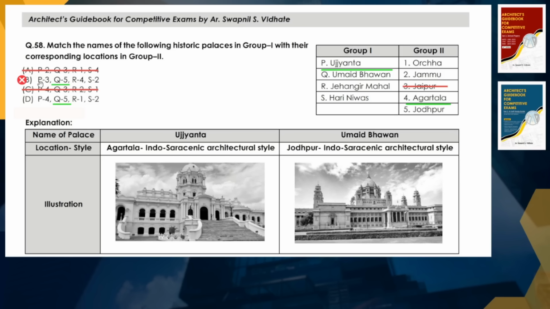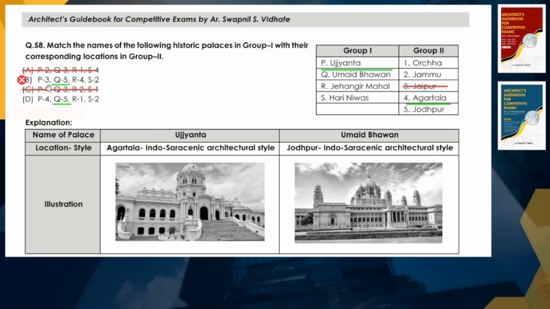That means they are saying Ujjayanta is situated at Jaipur. Now, if you are aware of the famous monuments in Jaipur, they include the Hawa Mahal, the Amer Fort and the Jantar Mantar. So Ujjayanta is definitely not situated in Jaipur. That means P3 is again the incorrect one.